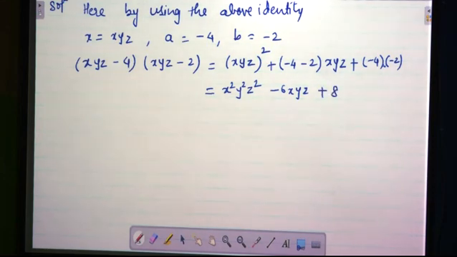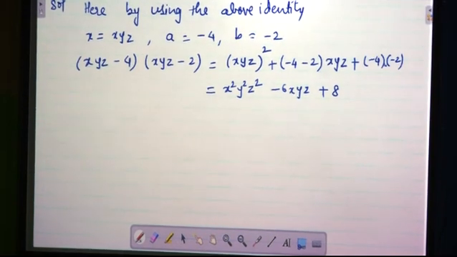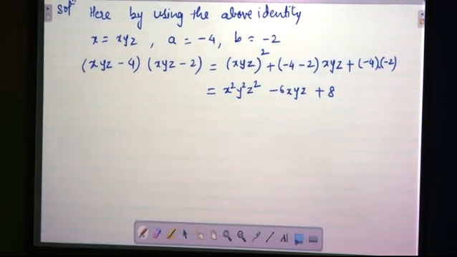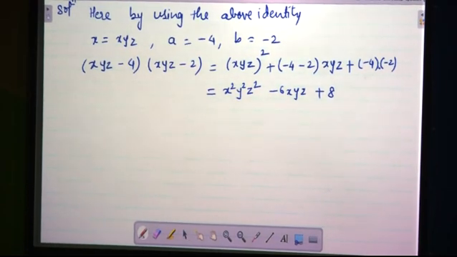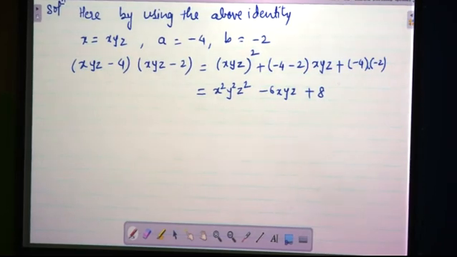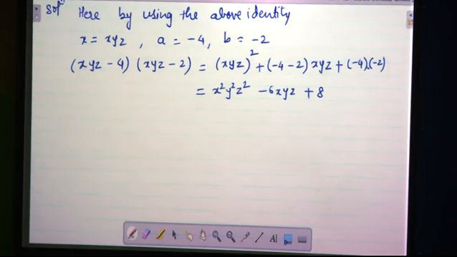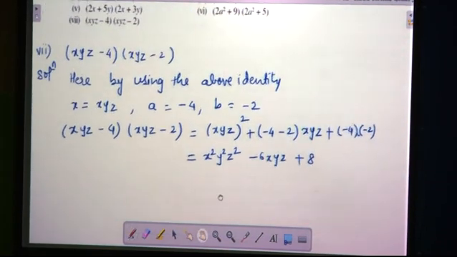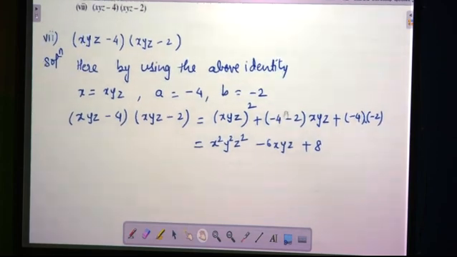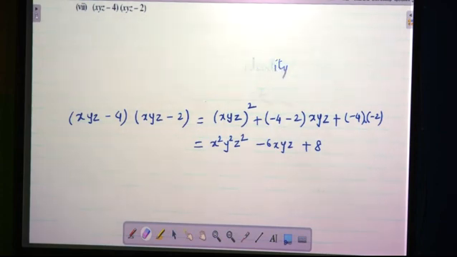Minus into minus is plus and plus into plus is plus. 4 2s are 8. So, this is the answer of the last sum, that is the seventh sum that we have solved. We shall solve this in the reverse way.